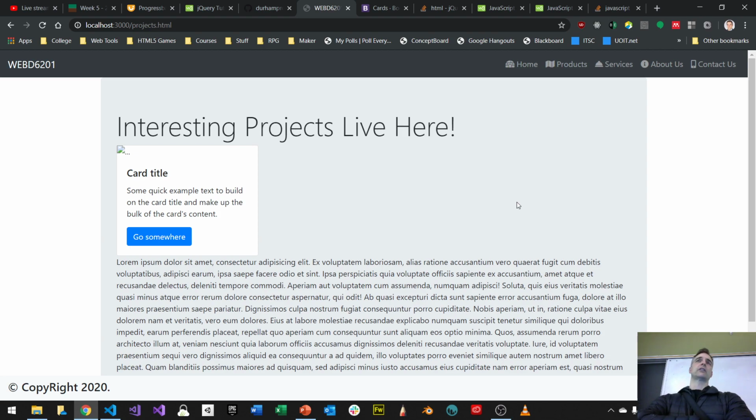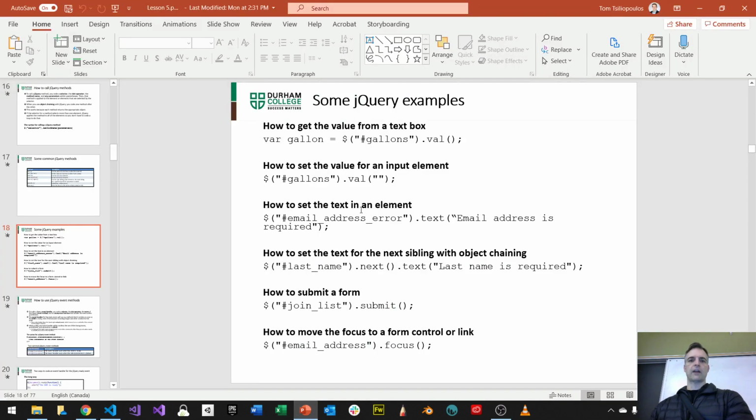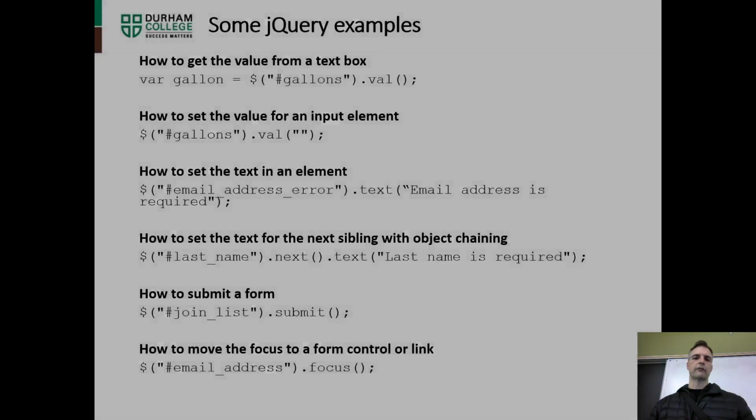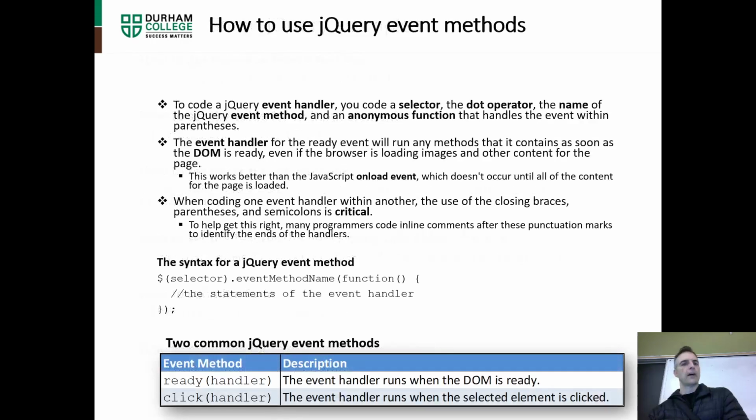But jQuery has a really cool way of doing things where it looks before and after. So if I go back to my PowerPoint for a second, we've covered some of this stuff. This is stuff to do with text boxes, which we're going to get into when we finish our form this week. Other things that jQuery can do for us is the ready handler. Click we just did, that's the click handler.